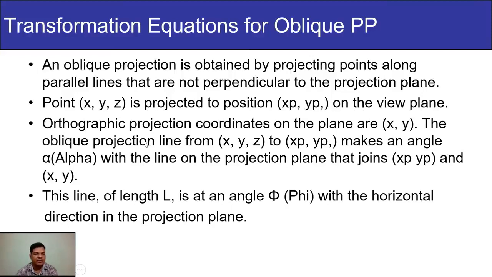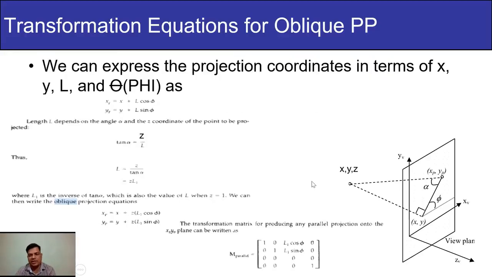Orthographic projection coordinates on the plane are x comma y. The oblique projection line from x comma y comma z to xp yp makes an angle alpha with the line of projection plane that joins xp yp and x. So here in the figure you can see that we have one view plane, and the view plane is along the x-axis and y-axis, but it is kept on the z-axis.